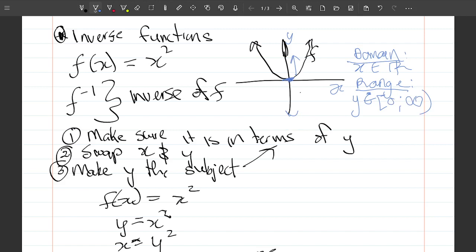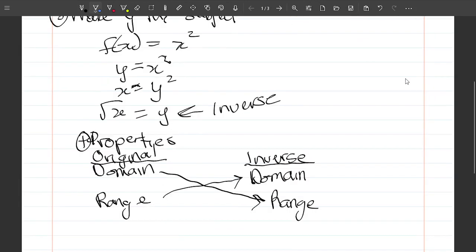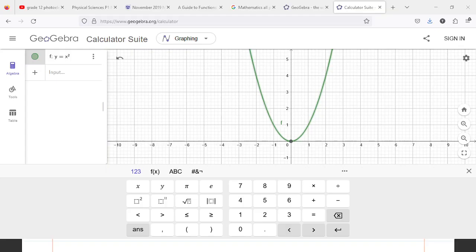However, for the inverse, since we've graphed this on GeoGebra, let's graph the inverse that we have there. So I'm going to grab GeoGebra, and then we're going to attempt to graph that. All right, so there we go. There's GeoGebra, and then we're going to graph this function.